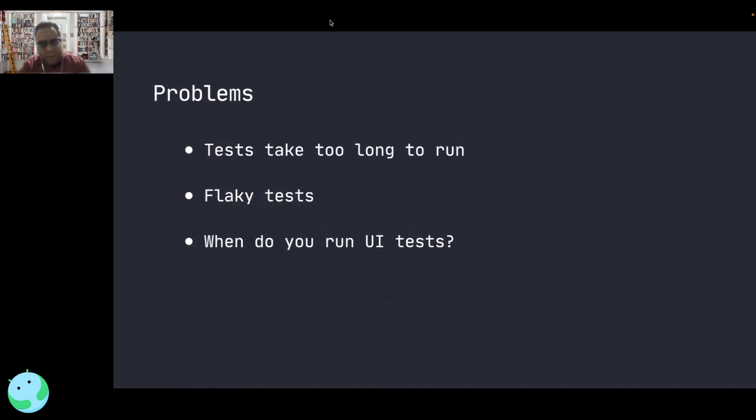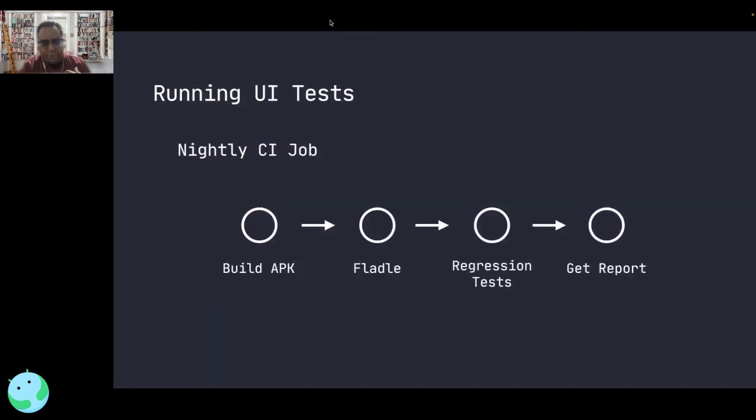Another problem that you'll encounter is: when do you run these types of tests? Suppose you have this configuration set up, one approach you could take is to create a nightly CI job that's basically using Fladle or Flank, and that's running this nightly job to run a regression test, rather than running it as part of every PR.